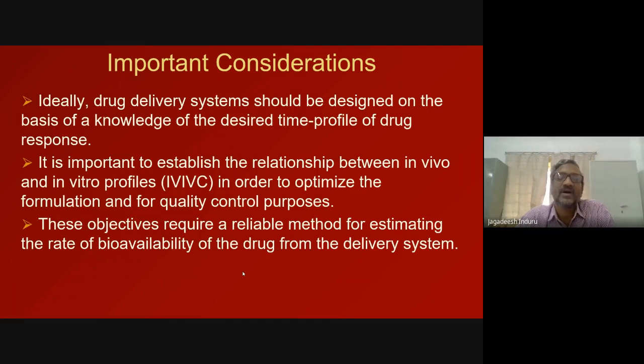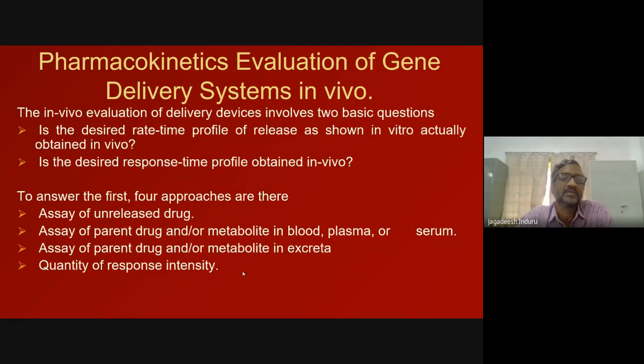For that purpose, we have some specific pharmacokinetic considerations applicable only to gene therapy and targeted drug delivery systems. In the in vivo evaluation of a drug delivery system, there are two basic questions. Is the desired rate time profile of release shown in vitro actually obtained in vivo? Because we have a correlation, is it really having a correlation?